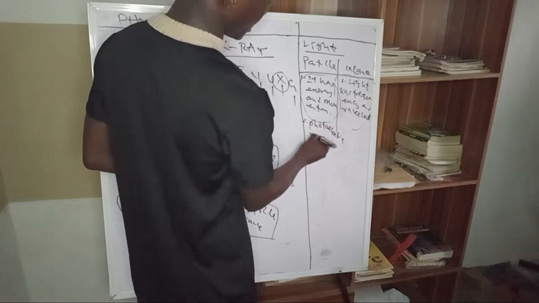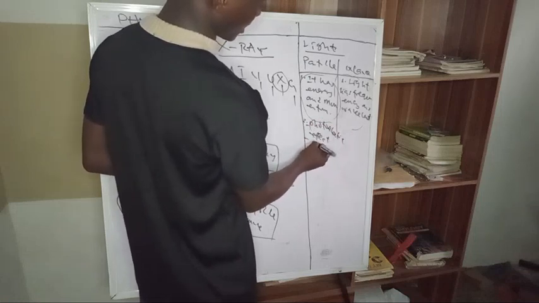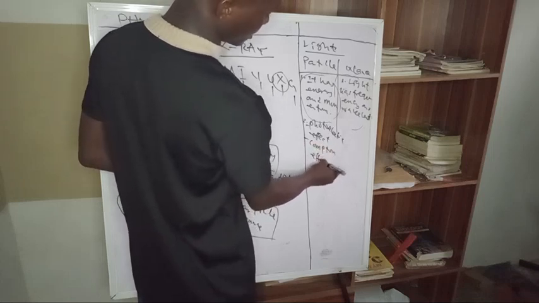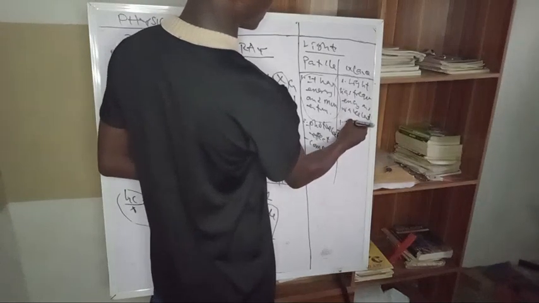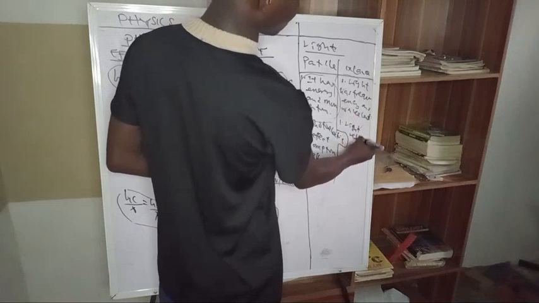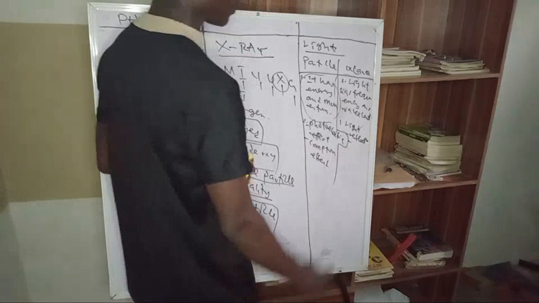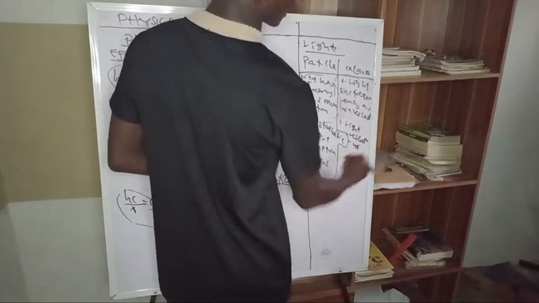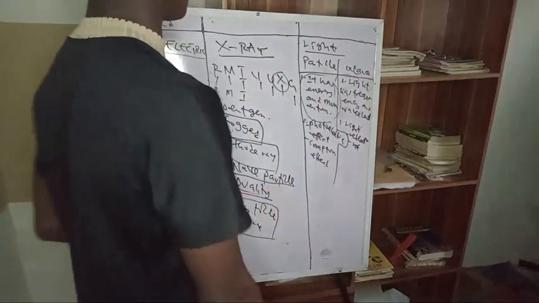Light can undergo reflection. As a matter of fact, of the five properties of wave, light can undergo reflection, diffraction, polarization, and interference.